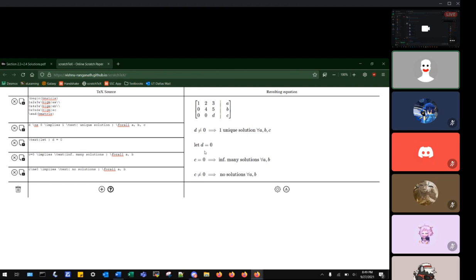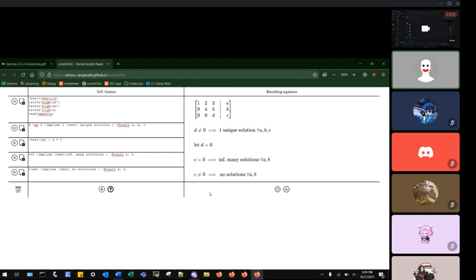If you let d equal 0 and c not equal to 0, you'll get no solutions because you'll get 0x plus 0y plus 0z equals something that's not equal to 0, which is never true no matter what a and b are, no matter what x, y, and z are.